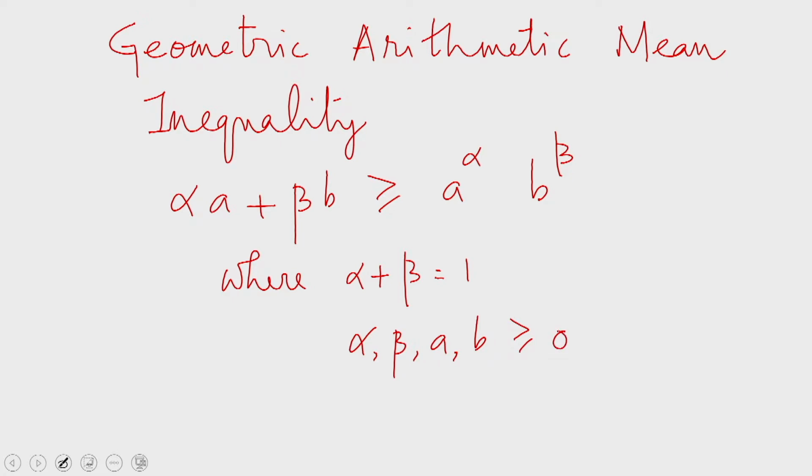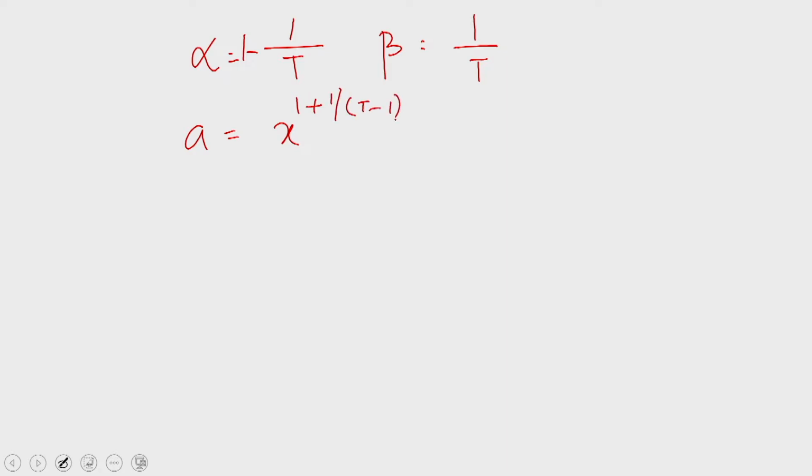So, let us use this and take alpha equals 1 minus 1 by t and beta equals 1 by t, and a as x power 1 plus 1 divided by t minus 1, divided by n power 1 plus 1 by t, and b as e by n power 1 by t.